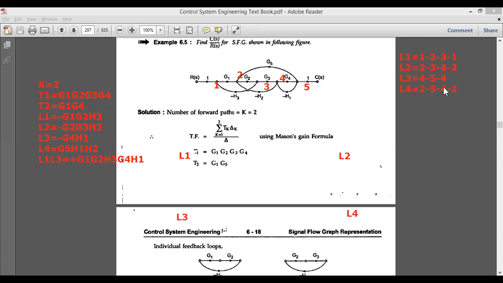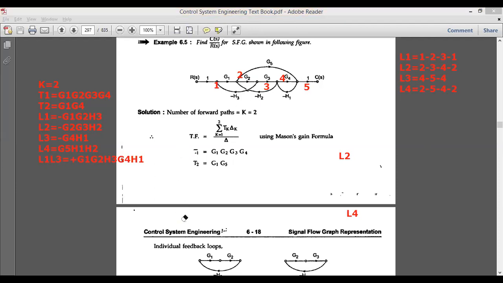In L3 and L4, 4 is repeating, so I will not consider L3 and L4. So from all the 4 loops, only loop 1 and loop 3 are non-touching loops. Now it is clear. In this way we find the non-touching loops in the given signal flow graph.